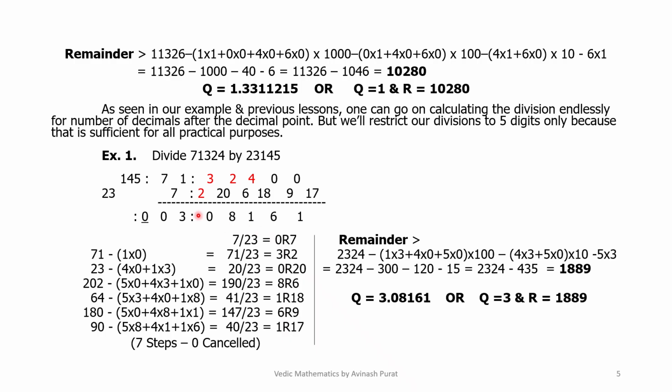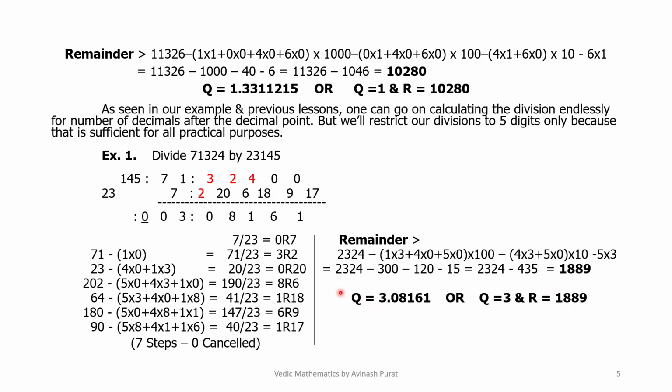23/24 minus 1 into 3 plus 4 into 0 plus 5 into 0 multiplied by 100, minus 4 into 3 plus 5 into 0 multiplied by 10, minus 5 into 3, that is equal to 23/24 minus 300 minus 120 minus 15, that is equal to 23/24 minus 435 equal to 1889.